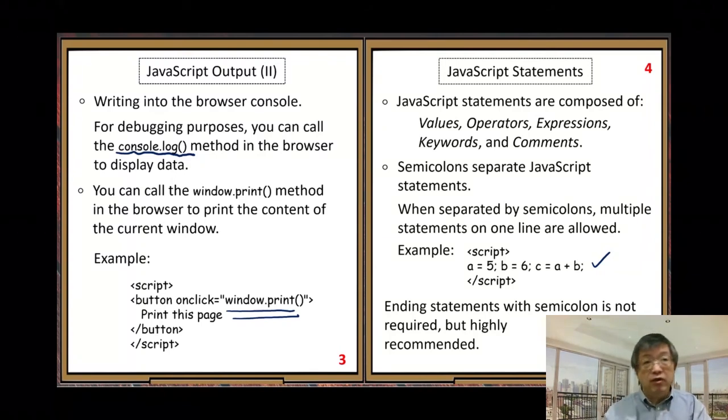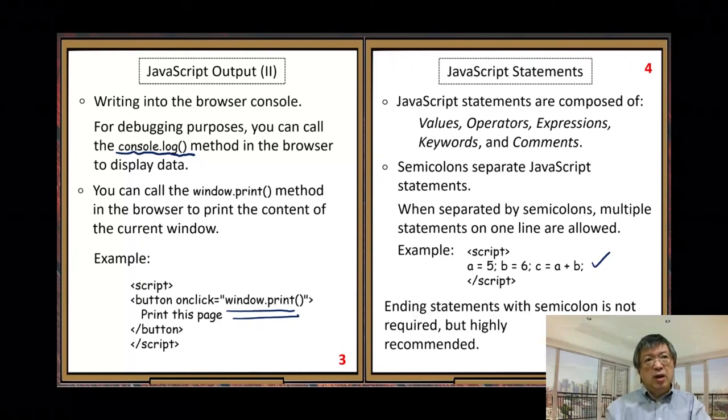For better readability. Otherwise, if other programmers maintain your code, when they read JavaScript statements without semicolons, they do not like it. They may get confused. So that's why it's not a good style.